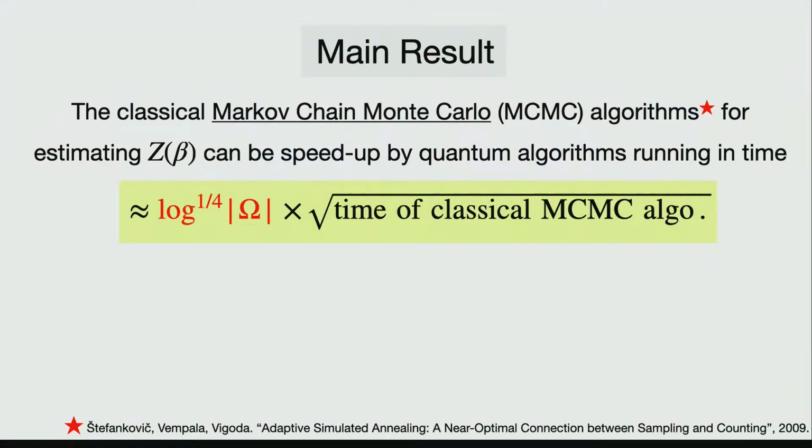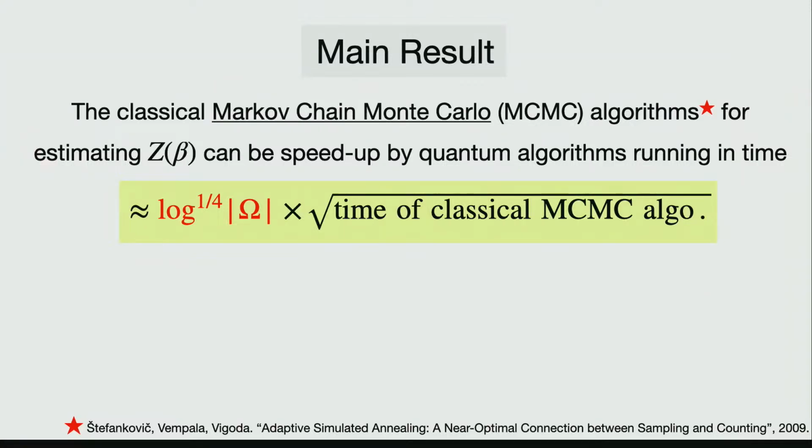This is the main result that I would like to talk about, which is a very generic quantum speedup that you can apply whenever you have a classical MCMC method for computing a partition function. The classical MCMC method is one of the most studied methods for computing classical partition functions. It has been formalized in a very beautiful paper by Štefankovič, Vempala, Vigoda, and others. You can turn this classical method into a quantum algorithm whose running time is a product of two quantities.